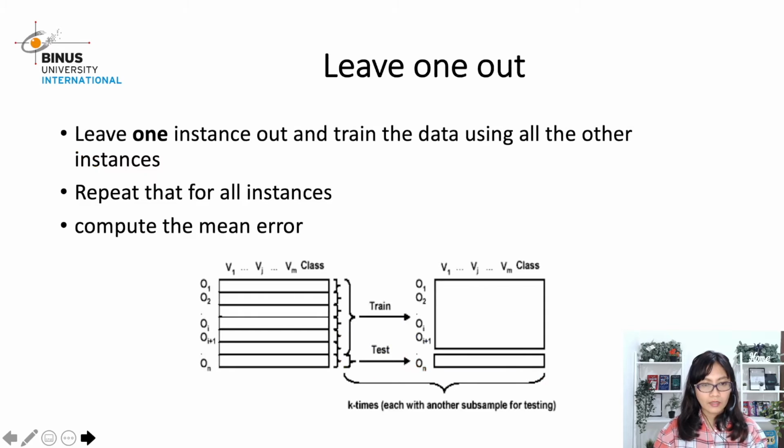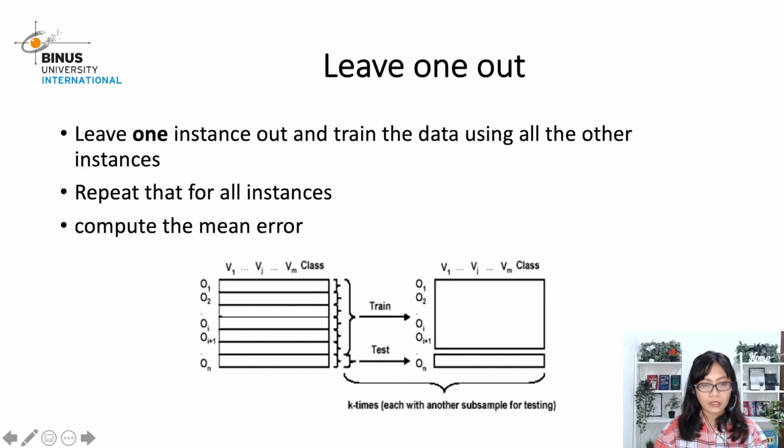The second technique is called leave-one-out. Leave only one instance out and train on all the other instances, and then repeat that for all instances. Then we compute the mean error, and that's the model performance.